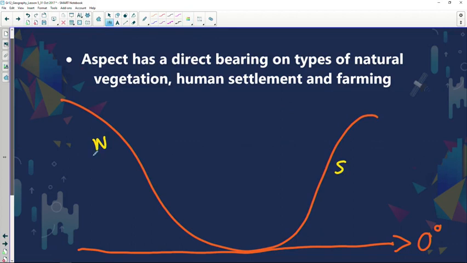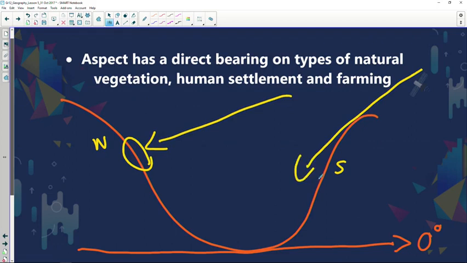As you can see, the north-facing slope is facing towards the equator. Direct insolation. Small area, but much more heated. If you look at our south-facing slopes, it's almost cast in a shadow. As you can see, preferably we will live on the north-facing slopes instead of the south-facing slopes.